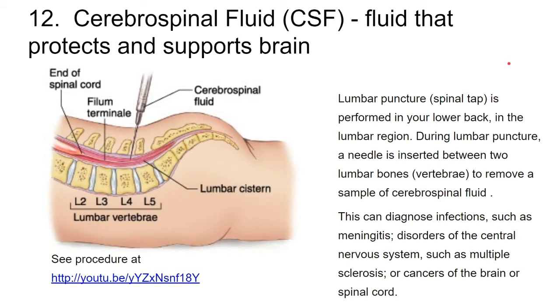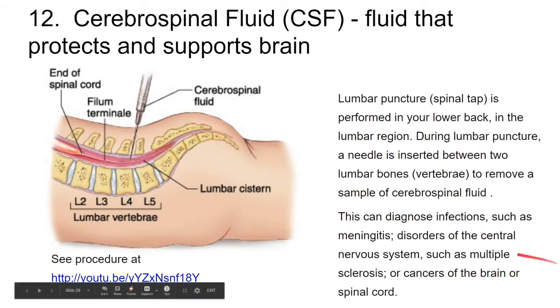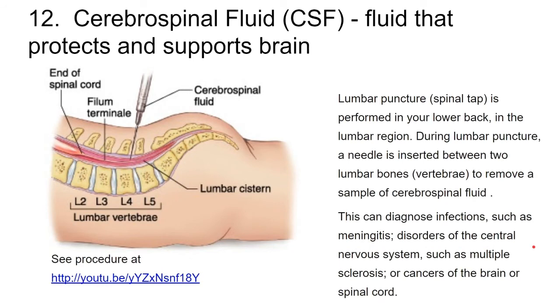Sometimes doctors will need to do procedures called spinal taps, which is where they take a needle and pull spinal fluid, the cerebrospinal fluid, from your spine so that they can test it. It's a very good diagnostic tool for things such as meningitis or diseases like multiple sclerosis or cancers.